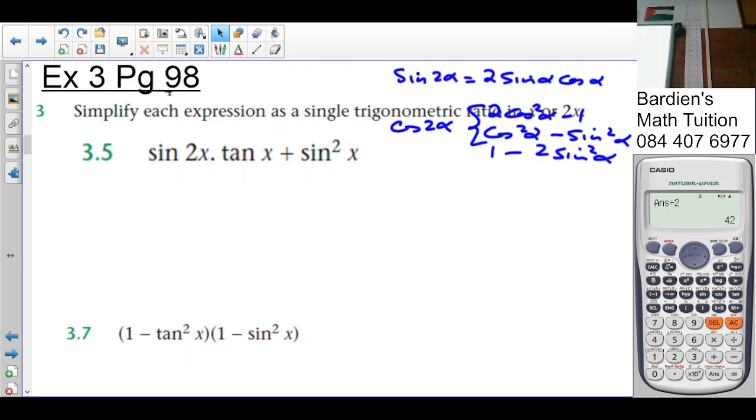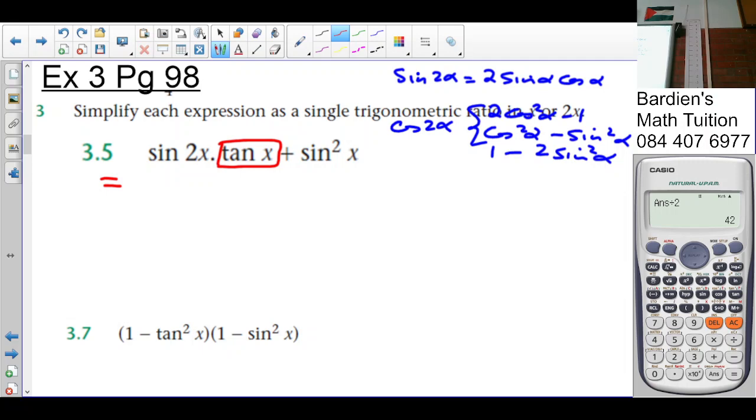What can happen here? Many things can happen. What are amongst the things that can happen here? Tan changes to sine over cos, yes. What else can happen?